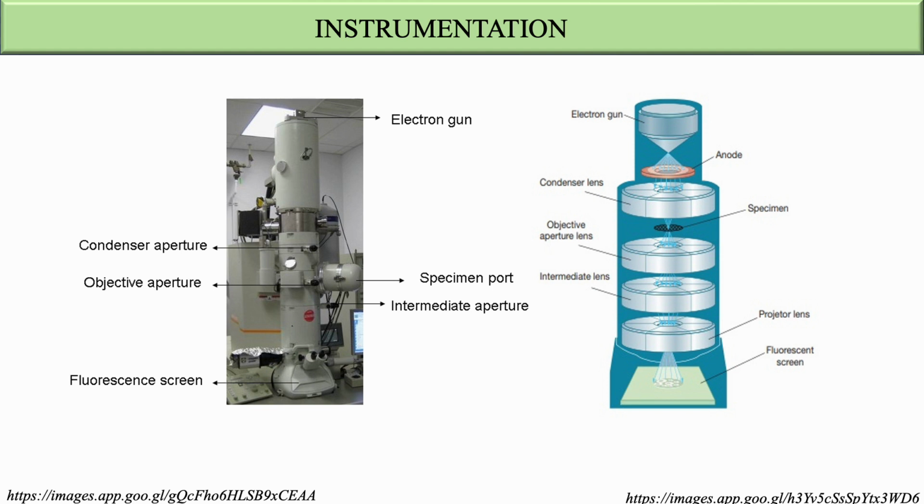Then this electron beam falls onto the specimen, and the transmitted electrons fall on the objective lens, then the intermediate lens, and the projector lens. The intermediate and projector lenses are just to magnify the size of the image, and then finally the image is obtained on the fluorescent screen.